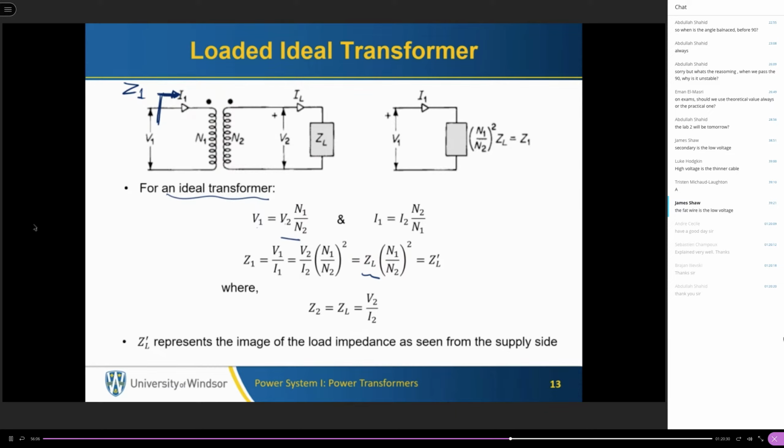So one way to do that is to transfer the circuit on the secondary side to the primary side and start analyzing the circuit as if there is no magnetic coupling. Okay. So ZL prime represents the image of the load impedance as seen from the supply side or the primary side.